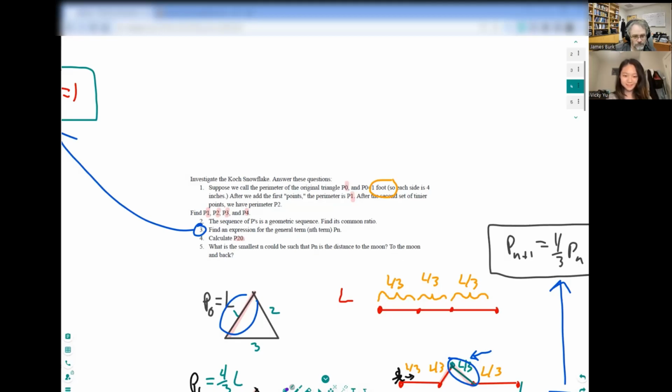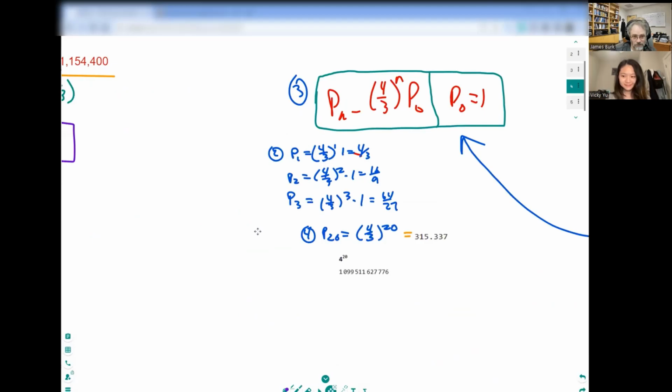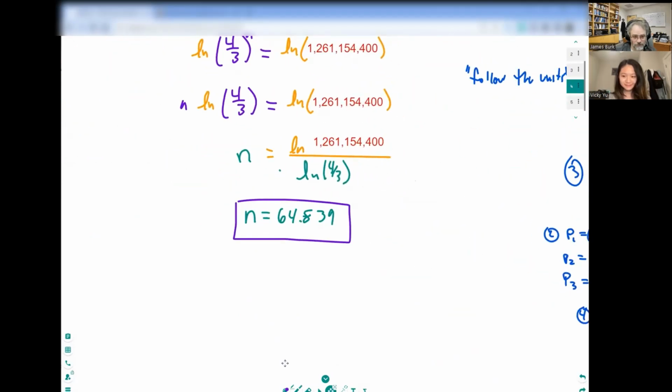A whole number. They're all integers, aren't they? Is this an integer? No, it's not. So the answer is not 64.83. I'm looking at n as being an integer. And that's something they're probably going to be looking for to see what you're going to do about it.